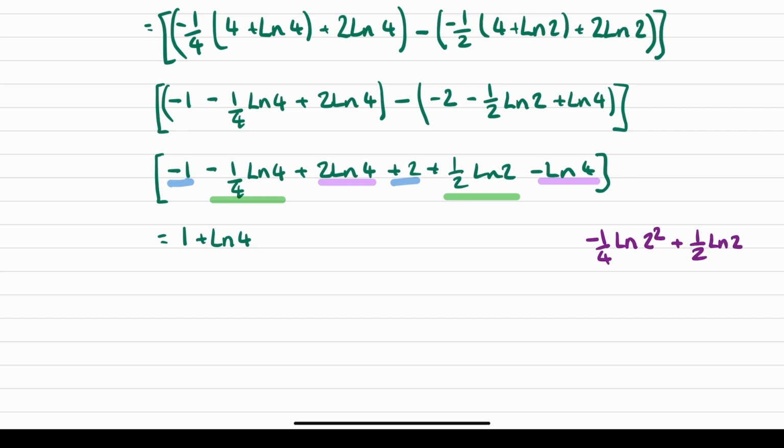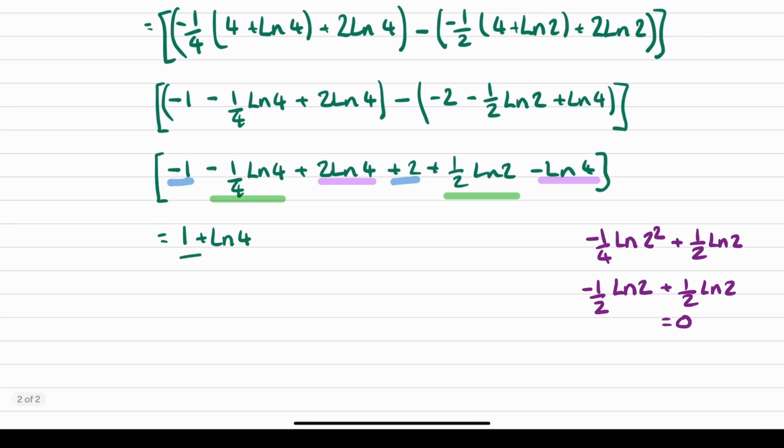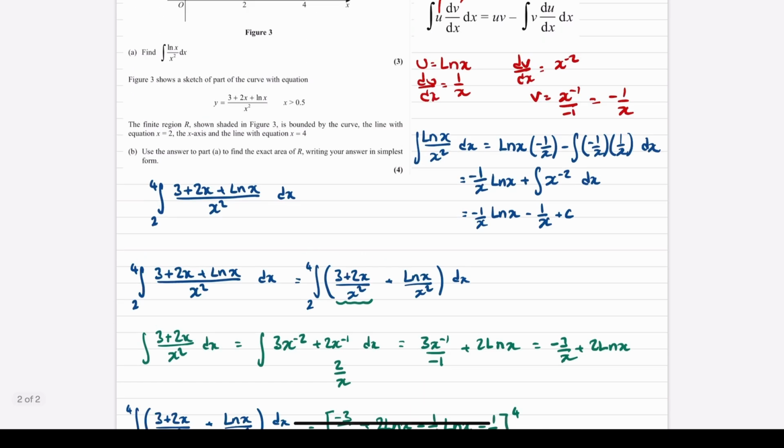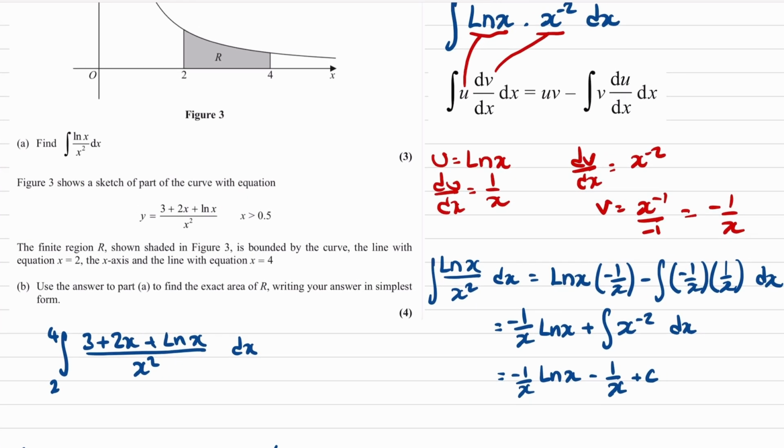Now, using the power rule, we can bring this 2 in front, and this becomes negative 1/2 times the natural log of 2 plus the 1/2 ln 2. Then you can see that these will equal 0. So what we're left with is 1 plus the natural log of 4. And that would be the area for this region here.